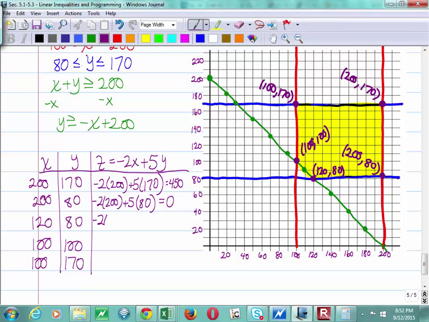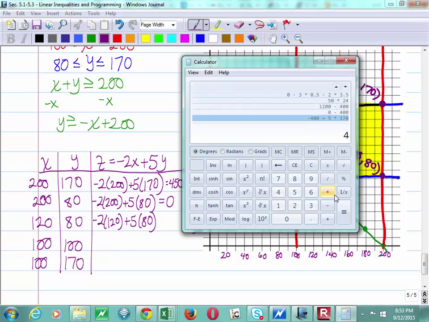And then negative 2 times 120 plus 5 times 80, so that would be negative 240, so basically 400 minus 240 would be 160.